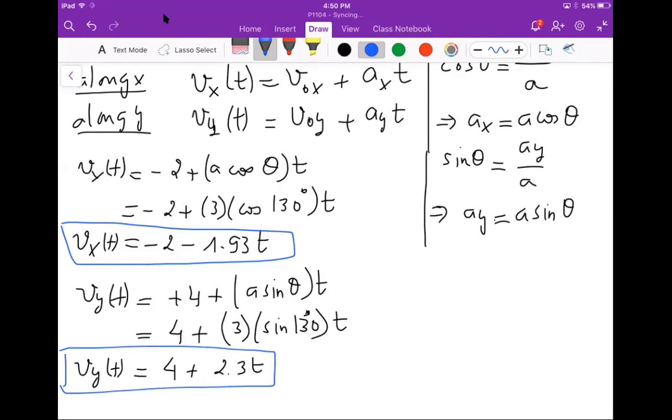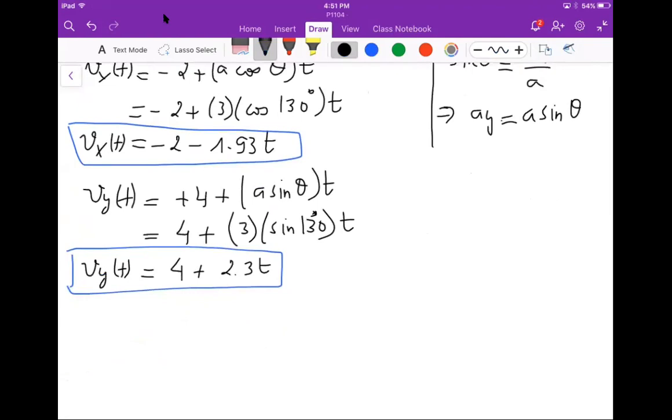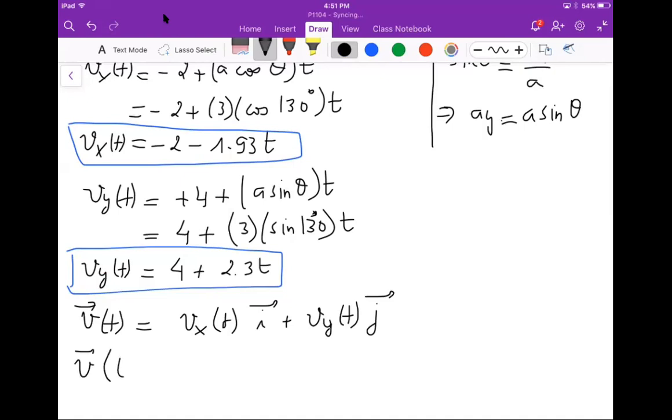We need to evaluate the velocity at a given time, that is t equals 5 seconds. So let's do it. Now we can write down V as a function of time, which is the vector Vx(t) i plus Vy j. So V evaluated at the time 5 seconds is equal to, let's have a look.